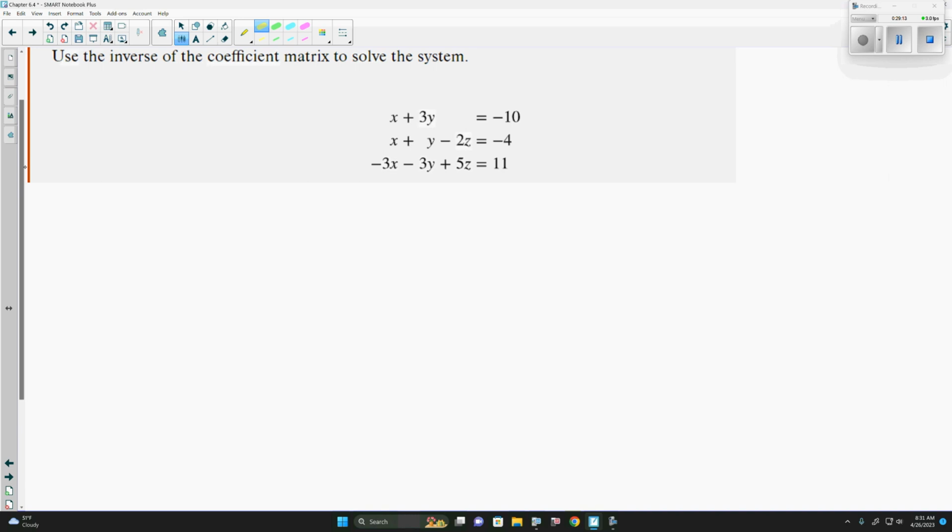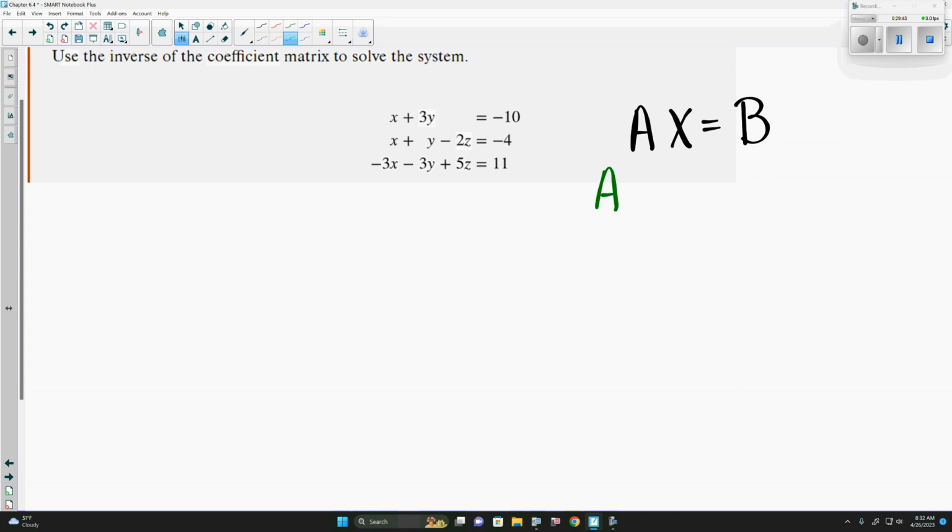Now, what we do to do this here, because we'll do A times X is equal to B. Now, with matrices, we can't divide. There's no way to divide matrices. So if we were to solve this here, AX equals B, and it was not matrices, well, we would divide both sides by A, and we would get our solution. Now, what we do to solve this is use inverses.